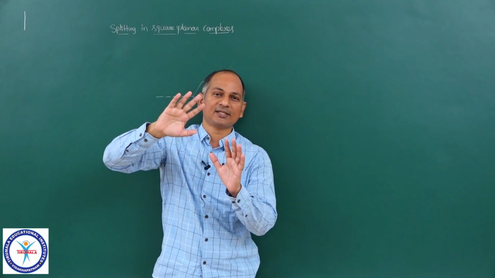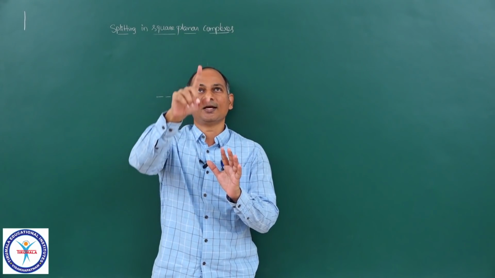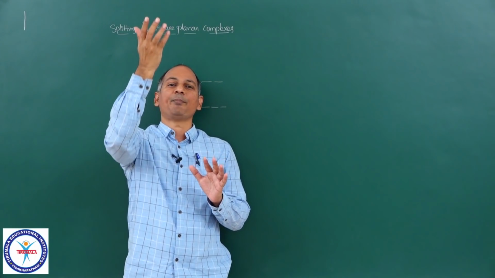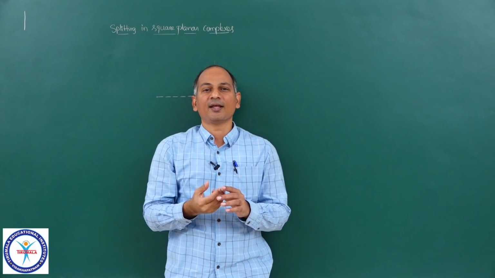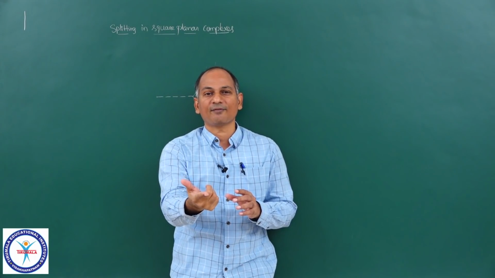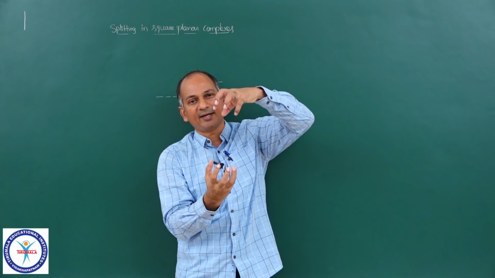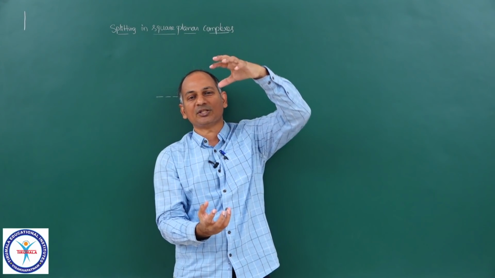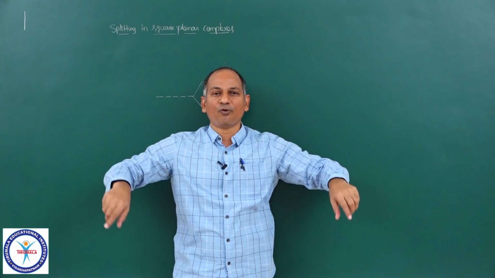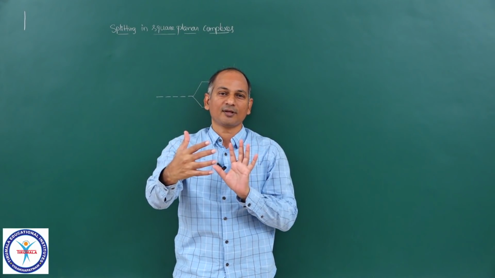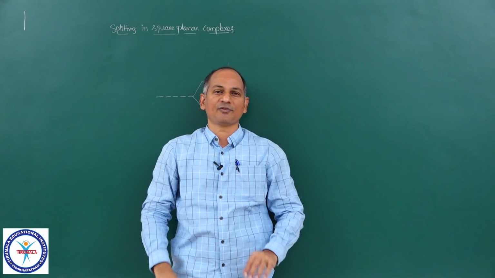Imagine hypothetically that the ligand above goes still higher and the ligand at the floor is lowered further. These two ligands are moving away from each other, and the remaining four ligands are moving closer.